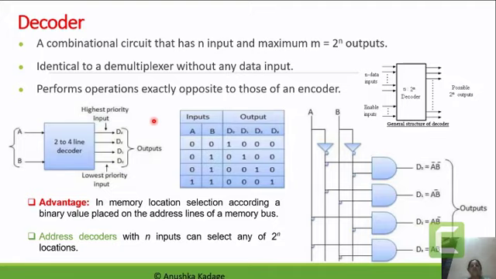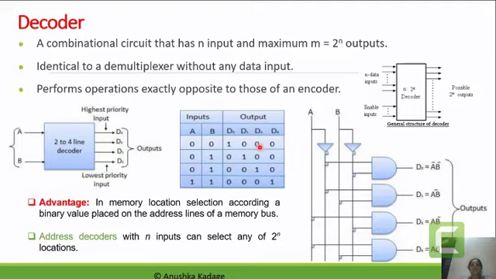Priorities mean the sequence in which the outputs are defined. Generally the D0 output has the lowest priority, while the D3 output has the highest priority. Now, out of these 4 outputs, only one output will be made 1 and the other outputs will be kept 0.